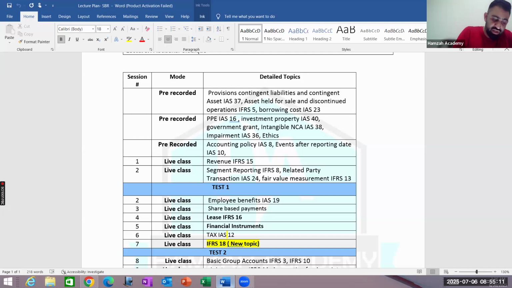The first topic we have is IFRS 15 revenue. But before that, we will take a short break for 10 minutes, and after the break, we will start the class. So kindly take a break.